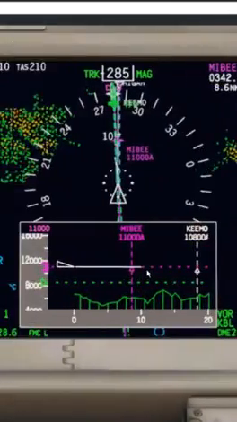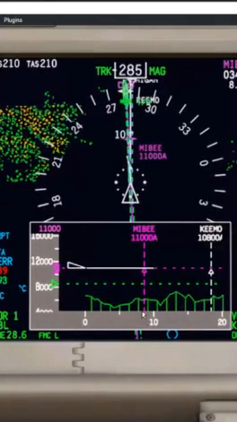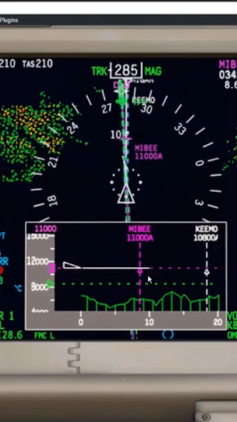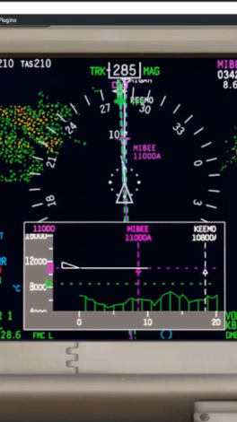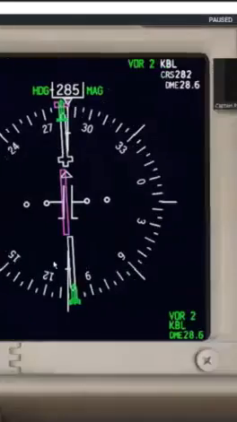With this company, they've got a vertical situation display, which is really an incredible piece of equipment. So maybe 11,000 or above, then 10,800 or above, that is reflected on the chart, and that is correct. All right, now let's go over to the first officer side and have a look.